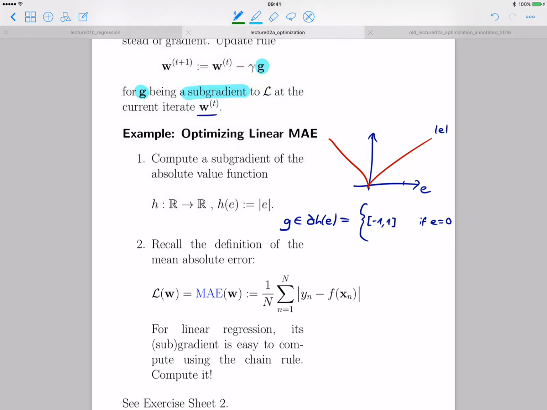And that's exactly the case, because here is the one if you set it to -1, here's -0.5 or something, and here is if it would be +1. So if you are at 0, then you have infinitely many choices, and all of these are fine.